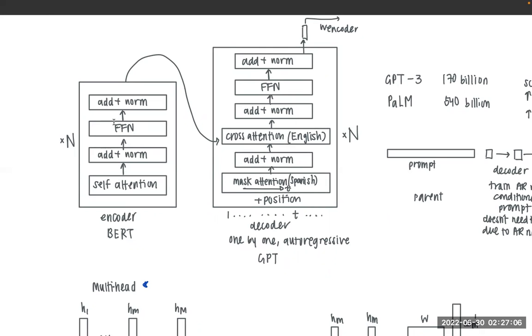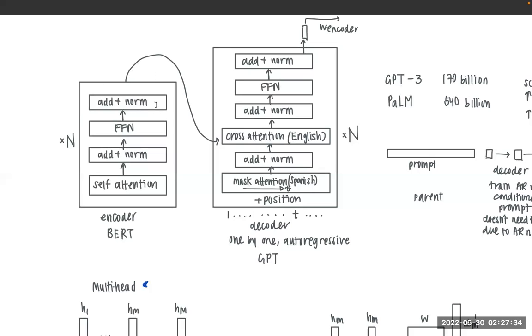Each layer has its own weight matrices for query, key and value. So each layer has its own set of weight matrices, and we have multiple layers, say capital N layers. After N layers, at the top layer, you have multiple HM vectors.